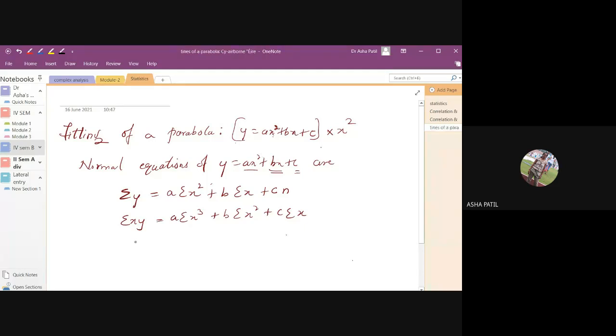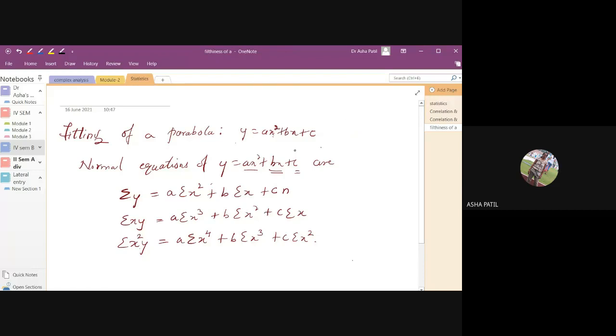So we get summation of x square into y, equal to a into summation x raised to 4, b into summation x cube, plus c into summation x square. So these are the three normal equations.